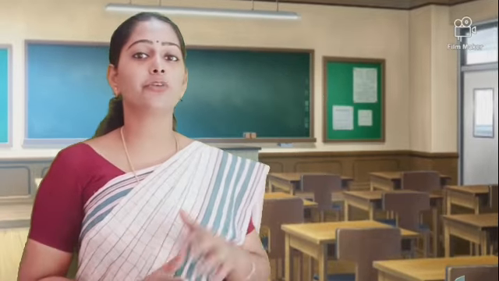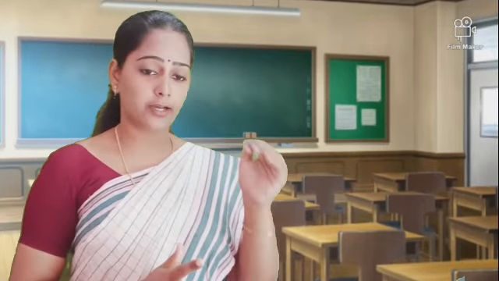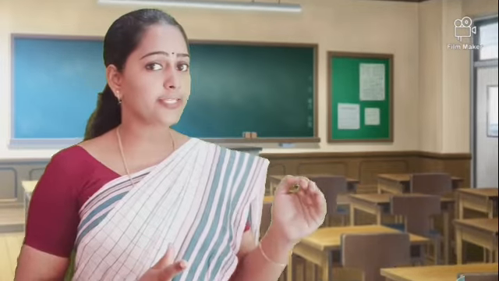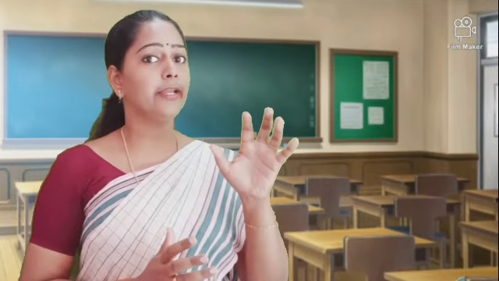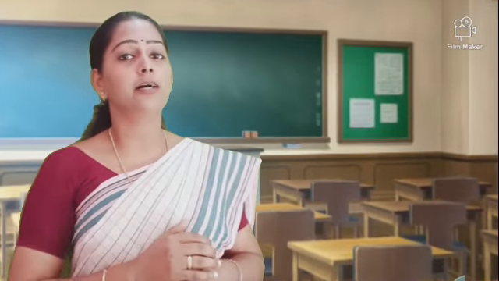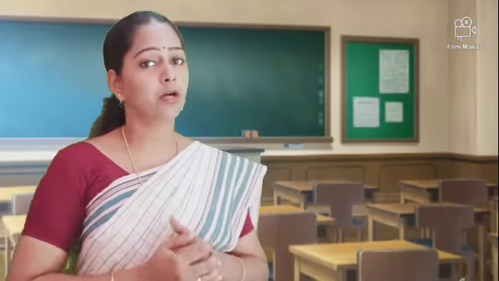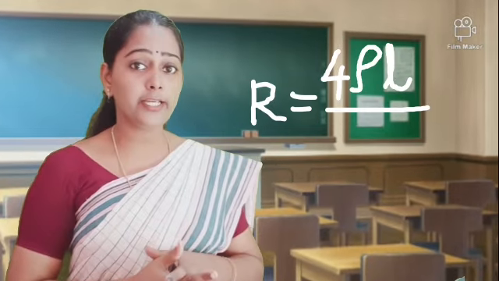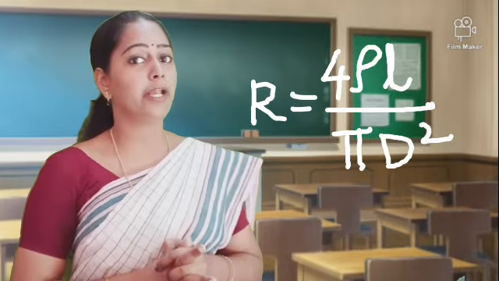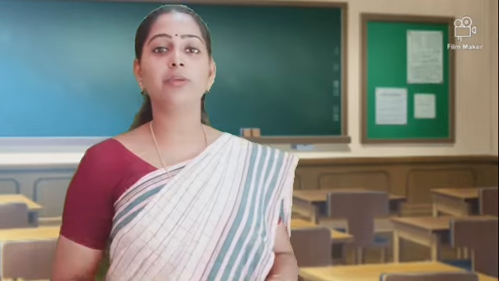In another case, if the diameter is given, we get rho L by pi d square. We explained these things in earlier classes. Now we are discussing problems on resistivity. Let us go and watch the video.